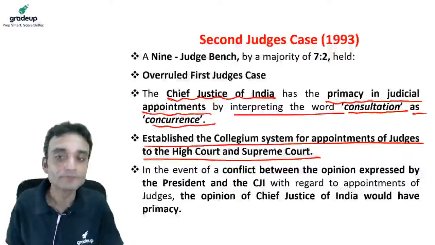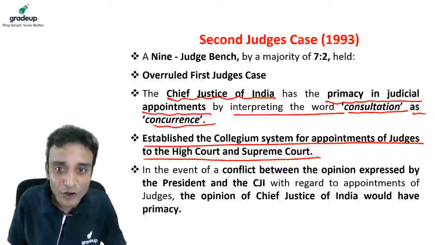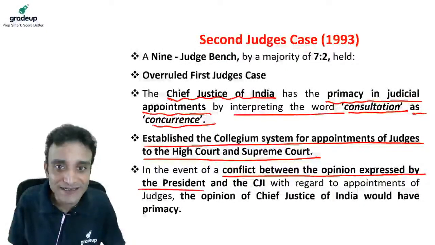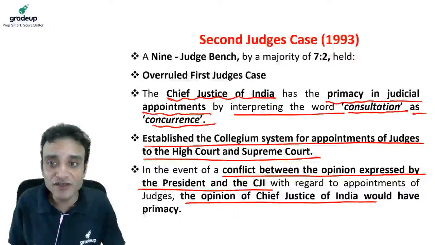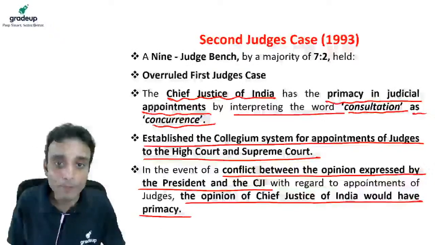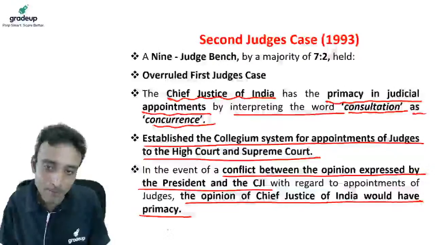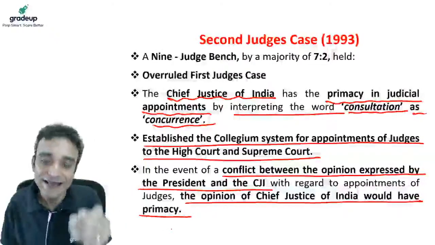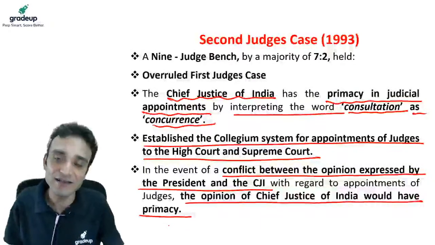Now, it also said that if there is a conflict between the opinion expressed by the President and the Chief Justice, the opinion of the Chief Justice would have primacy. That means whatever the Chief Justice of India says is final insofar as appointments to the higher judiciary is concerned.